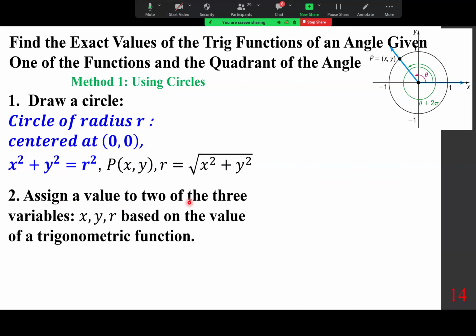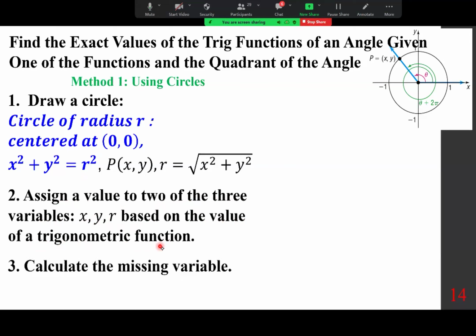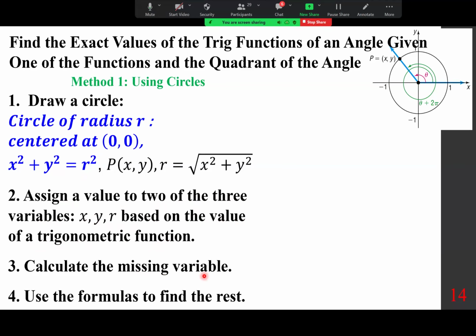Assign a value to 2 of the 3 variables based on the value of the trigonometric function that is given. Calculate the missing variable. Use the formulas to find the rest. Pay attention to the quadrant and the sign.